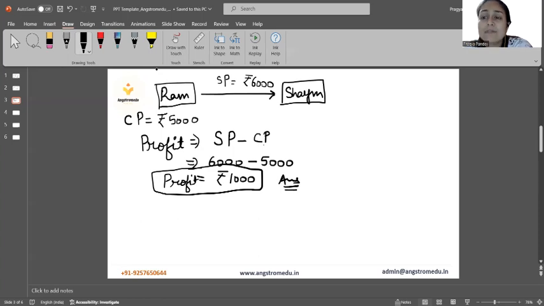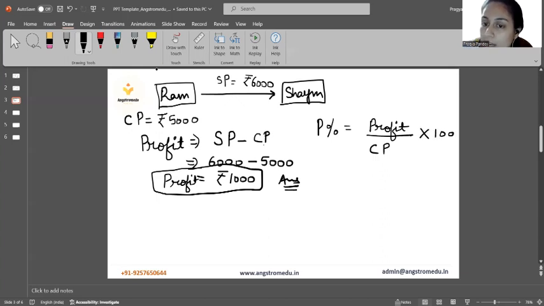If we want to calculate the profit percentage or the gain percentage, it can be calculated by dividing profit by the cost price and multiplying it by 100.